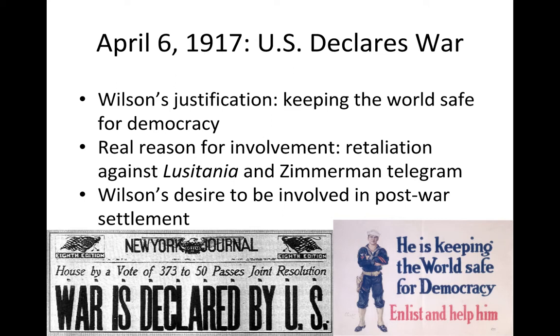It's, of course, against the threat between Germany, Mexico, on the United States with the Zimmerman telegram. And also, another reason why Wilson might have pushed to go into war is because then he would be able to play an active role in the peace settlement terms after the war was over, which we will talk about in detail once we get to the end of the war.